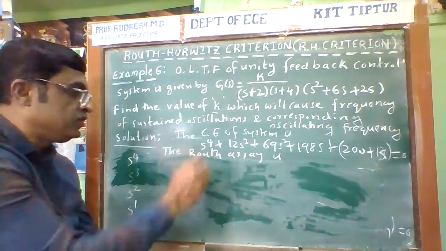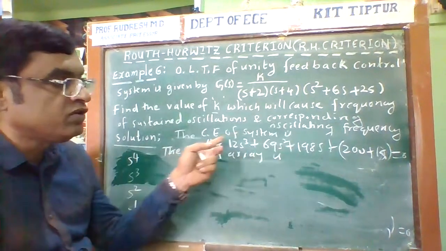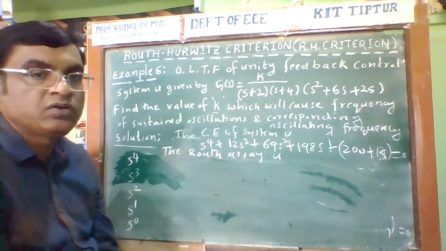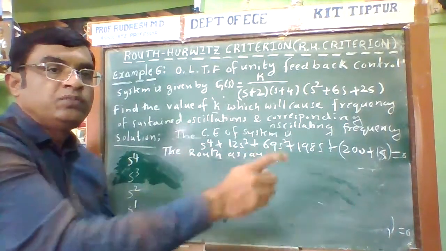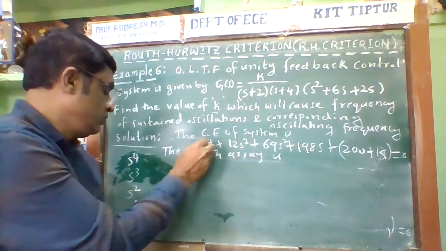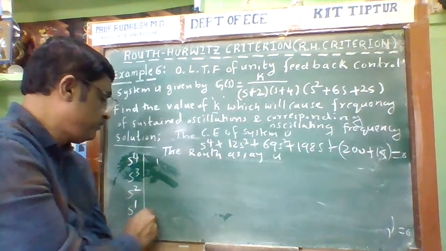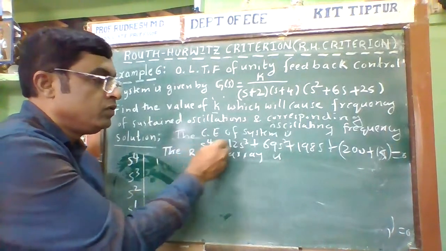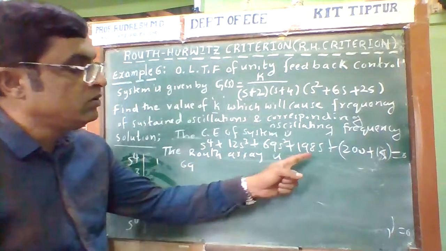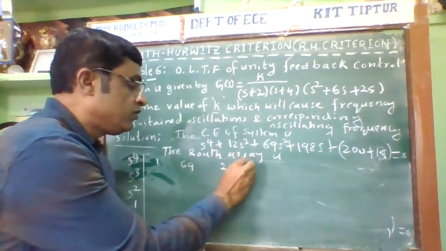Now the first row can be formed by even powers of S. Coefficient of S to the power of 4 is 1, then 69, and 200 plus K.